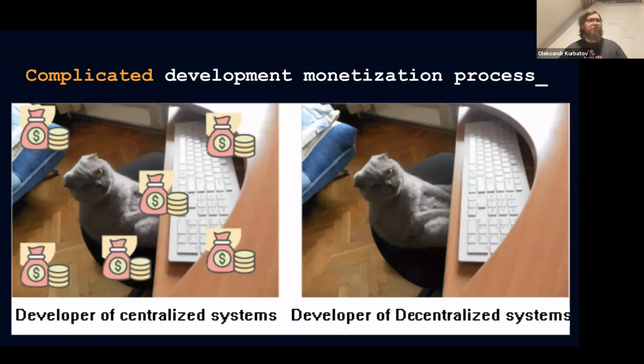But the value of a decentralized system is a pretty tight thing, because you can't explain that to everyone, and you should receive some grants, you should receive some donations, etc. So it's a really complicated process.